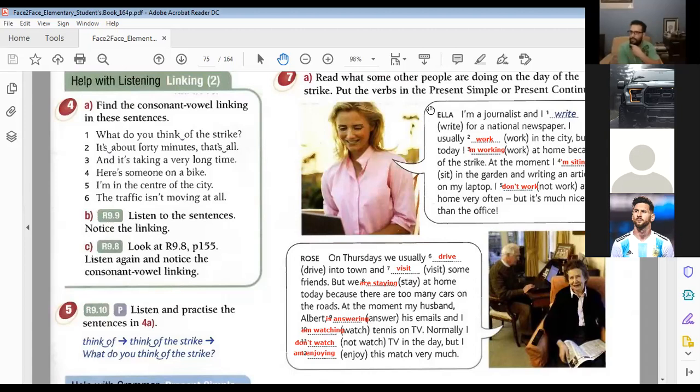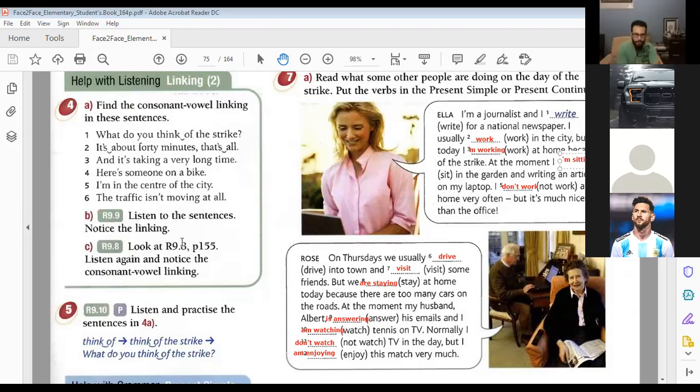At the moment, I am sitting in the garden and writing an article on the laptop. I don't work at home very often, but it's much nicer than the office. Okay.